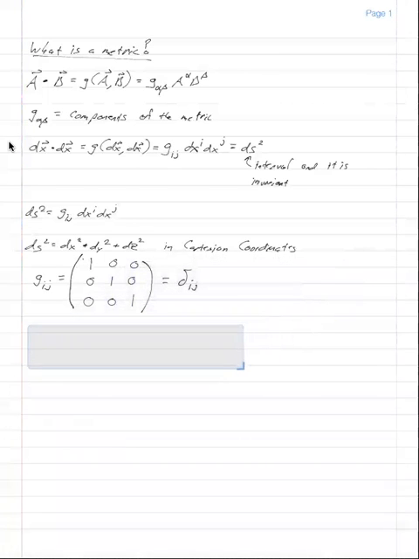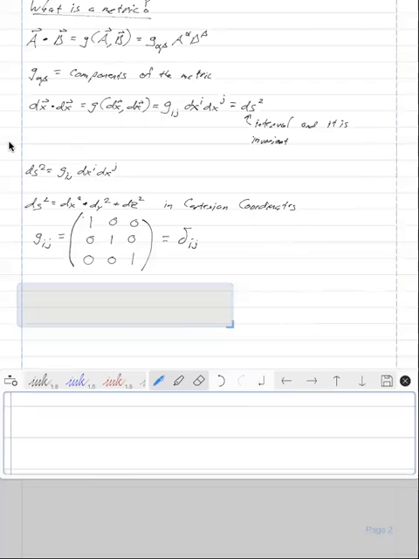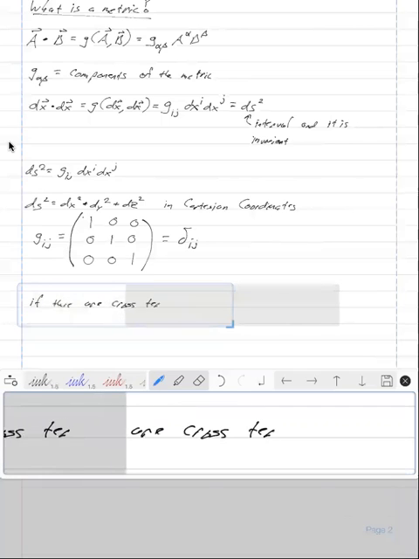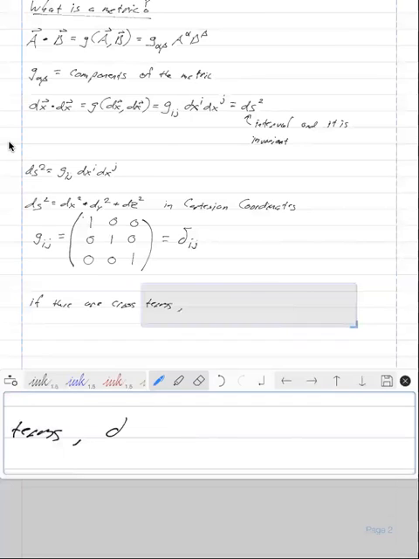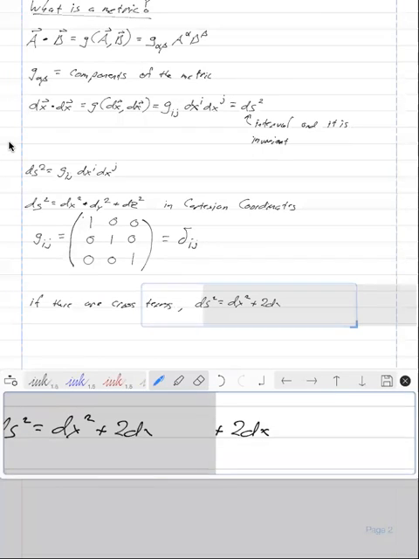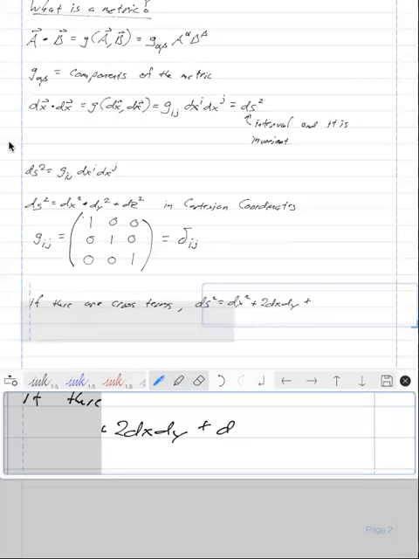Okay, so if there were cross terms, then we might have something like ds squared is equal to dx squared plus 2dx dy plus dy squared plus dz squared.